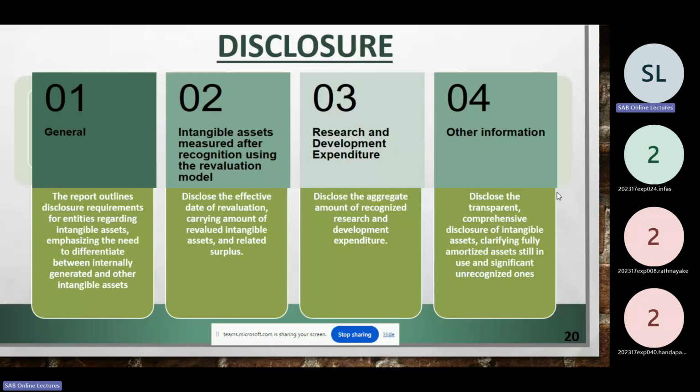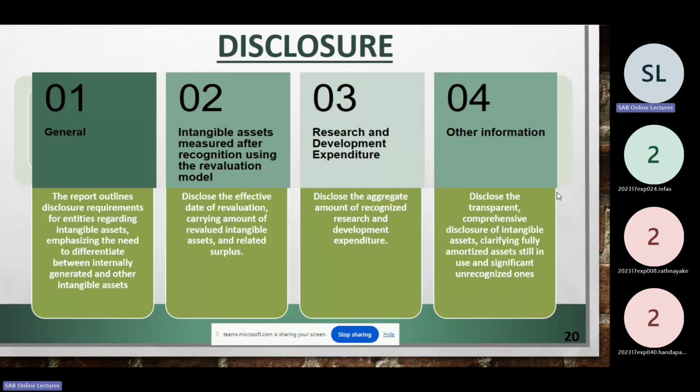Under the disclosure standard, we mainly focus on the following topics. First one is intangible assets in general, second is intangible assets measured after recognition using the revaluation model, third one is research and development expenditure, fourth one is other information. Under the first topic, the standard outlines disclosure requirements regarding intangible assets, such as internally generated and other intangible assets.